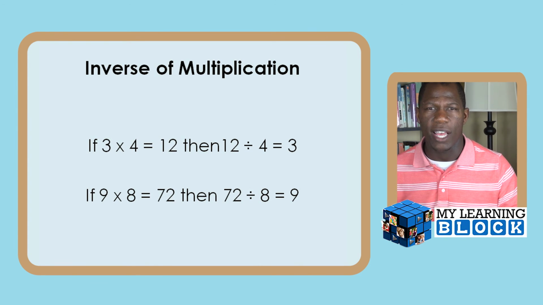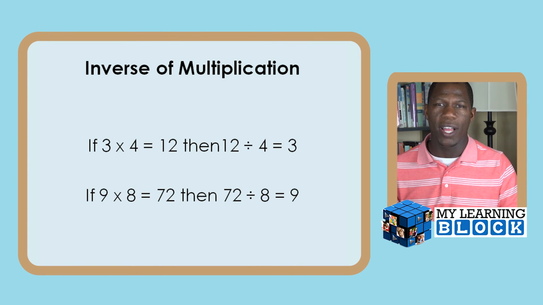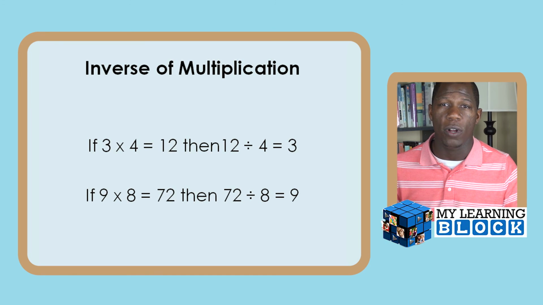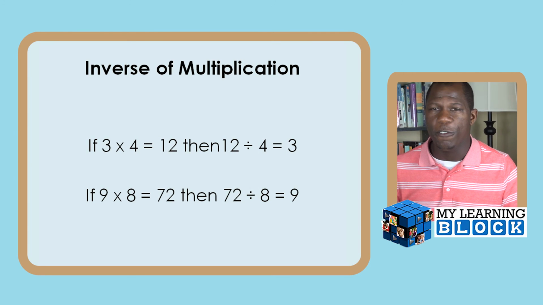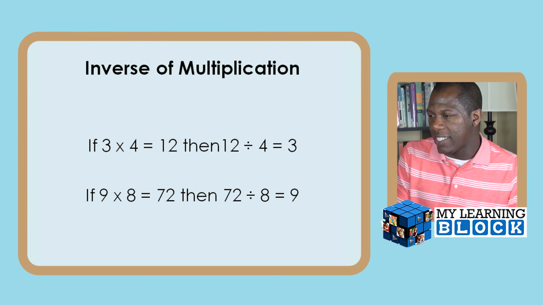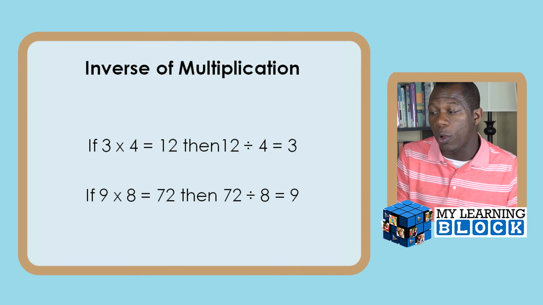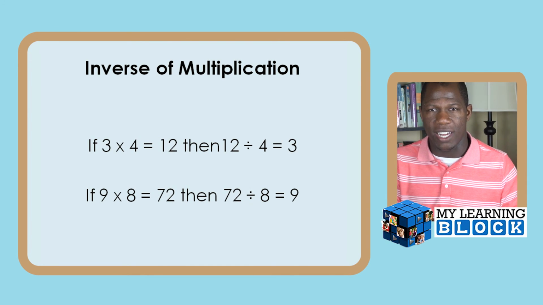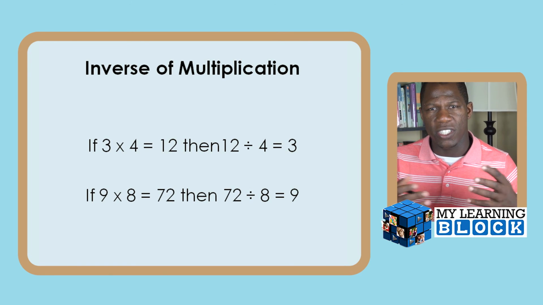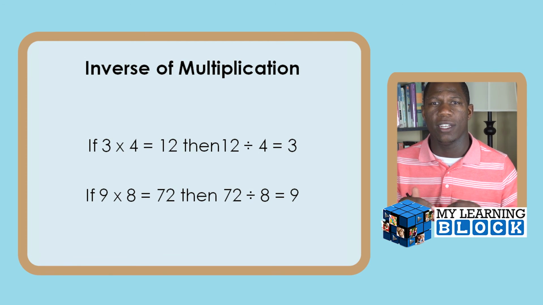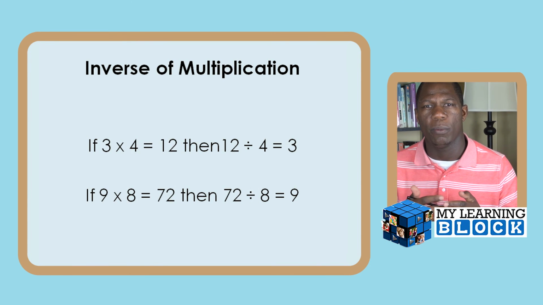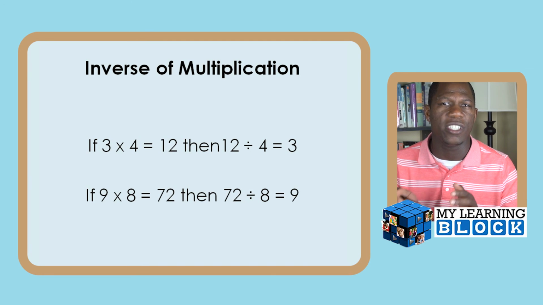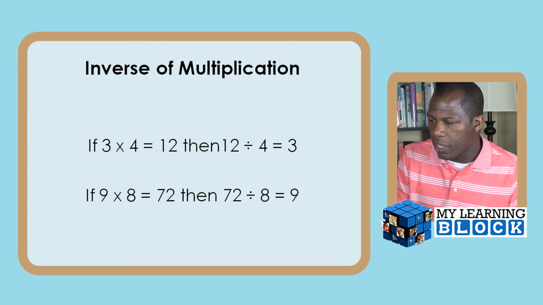So if 3 times 4 equals 12, then we know that 12 divided by 4 equals 3, or 12 divided by 3 equals 4. Also, if 9 times 8 is 72, then 72 divided by 8 equals 9, or 72 divided by 9 equals 8. It's that same inverse property. You want your child to understand that, because it helps them understand multiplication and division just the same as addition and subtraction.